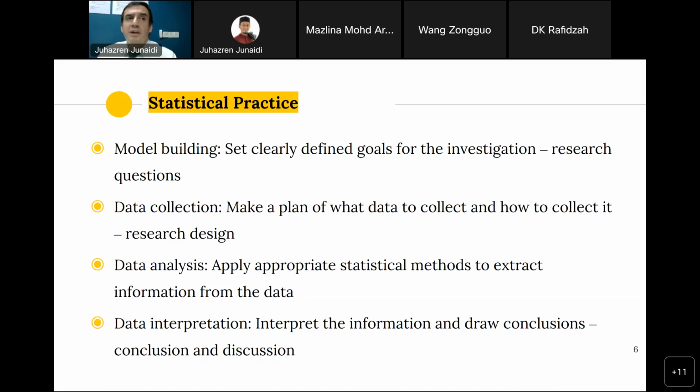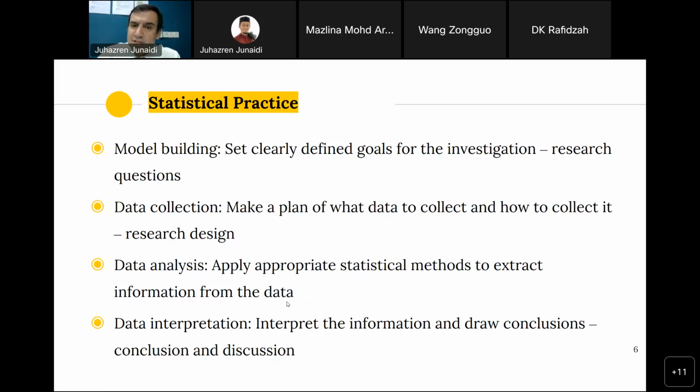If you are making a pre-test, post-test design, it means you are going to give a pre-test, make some kind of intervention, and then do your post-test. So make a plan of what data to collect and how to collect it, which is the research design.